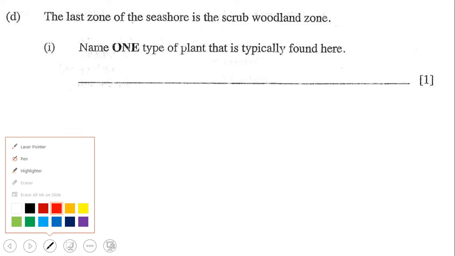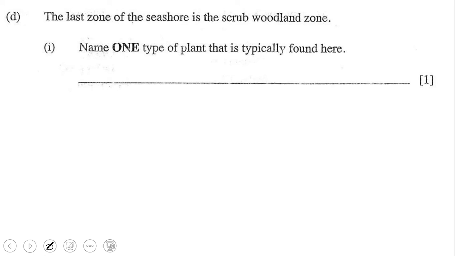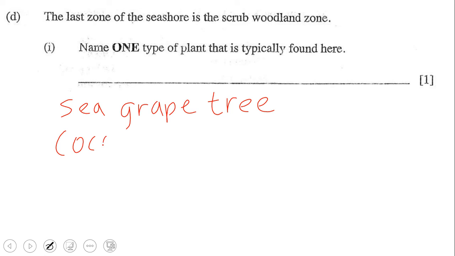So number one, we have the sea grape tree. Number two, the cocoa plum tree. Number three, the buttonwood tree.